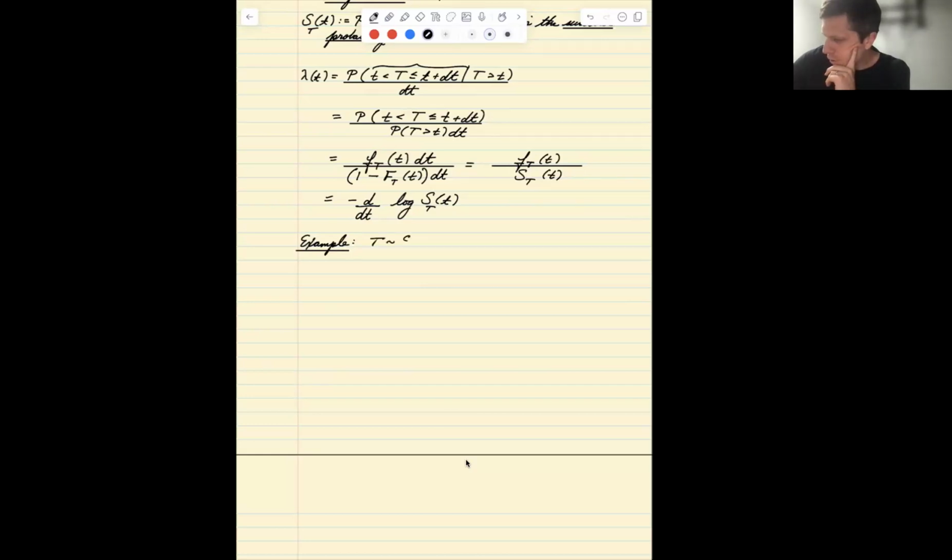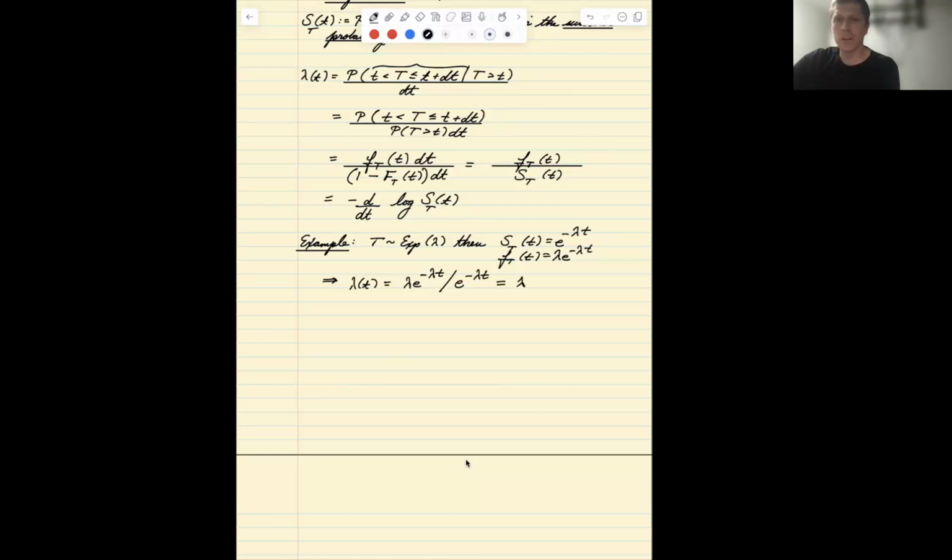Suppose T is exponential lambda. Then the survival function of T is e to the minus lambda t, and the density of T is lambda e to the minus lambda t. So the hazard rate function of t is lambda e to the minus lambda t divided by e to the minus lambda t, which is just lambda.